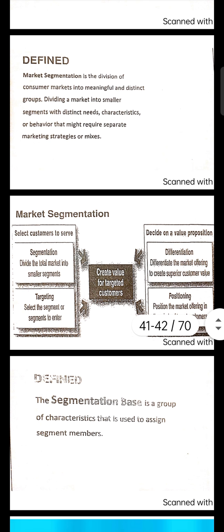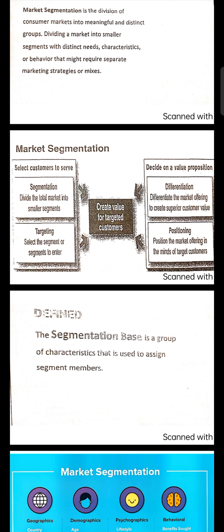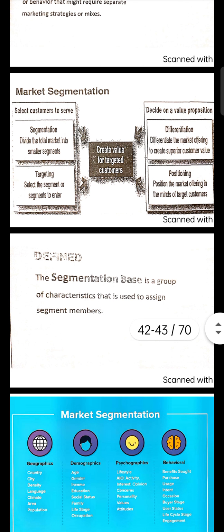So here, why do we need to do the segmentation? The main purpose of market segmentation is to create value for targeted customers, just like the diagram you watch here. So there are two categories.